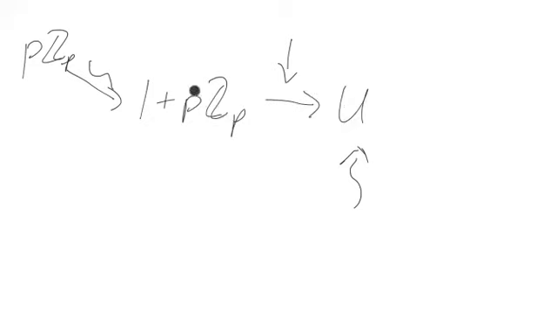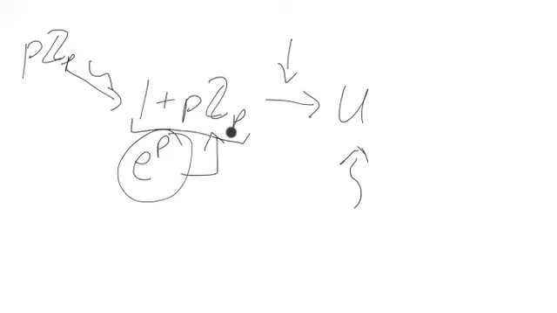So the topological generator over here, which is the image of p, pZp coming down the chute here, is just e to the p. So e to the p is the topological generator of this. We take this and send it to U, which is like taking e to the p in the power series and modding it out by p to the n.